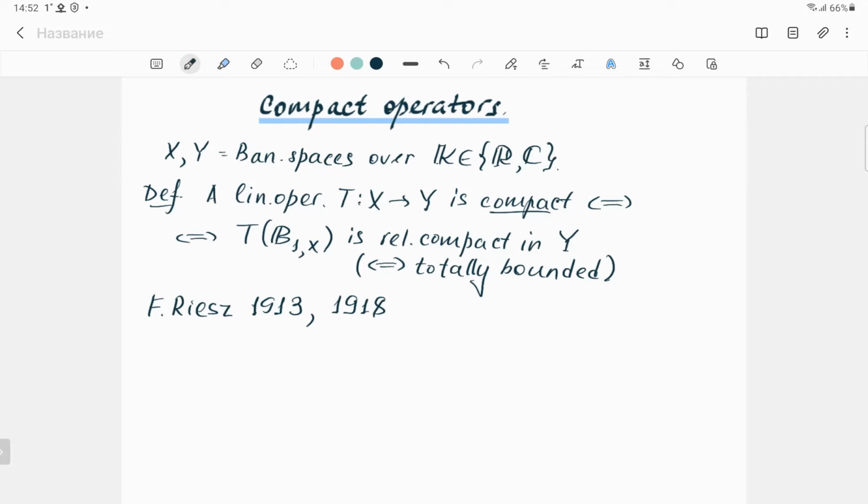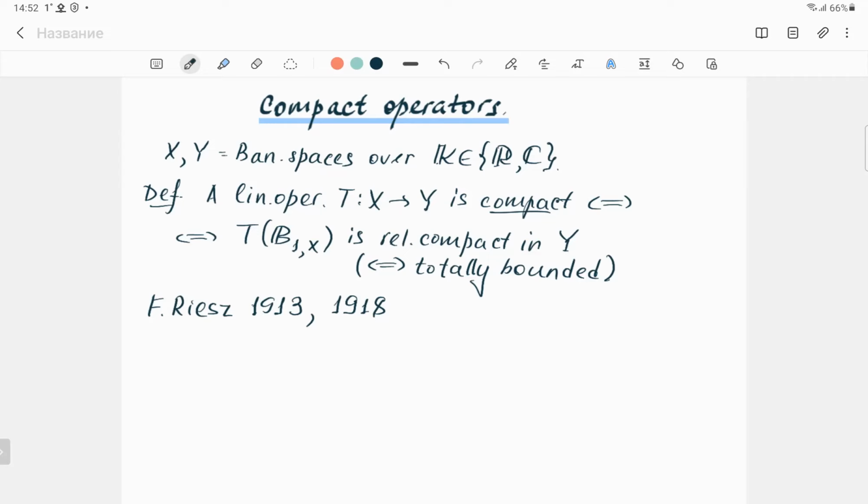So Riesz, again, worked with a special case where both X and Y are spaces of continuous functions on a closed interval of the real line. So he didn't consider general Banach spaces, and this is very natural, because this was 4 years before the general notion of a Banach space was introduced. But amazingly, almost all the results and the methods developed by Riesz work in the context of arbitrary Banach spaces.